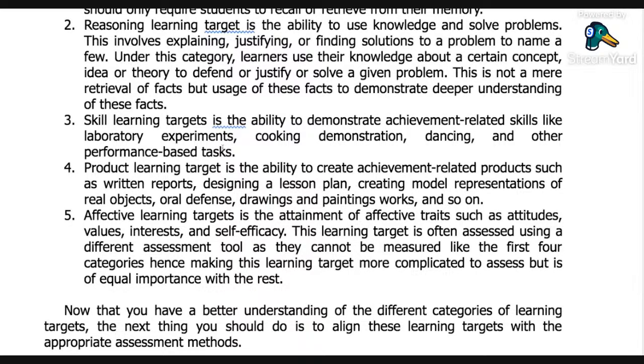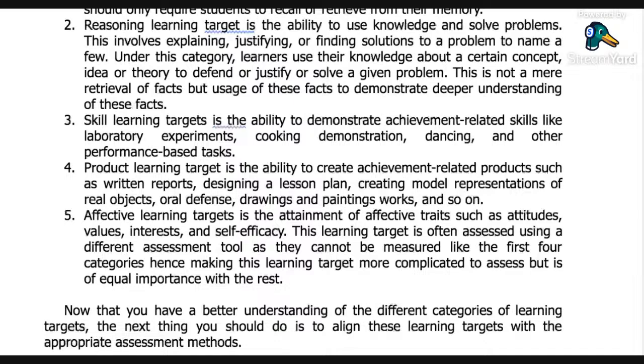Then we have the fifth, affective, I'm sorry, affective learning target. It's the attainment of affective traits such as attitudes, values, interests, and self efficacy. So these learning targets are often assessed using a different assessment tool as they cannot be measured like the first four categories, hence making this learning target more complicated to assess but of equal importance with tests.